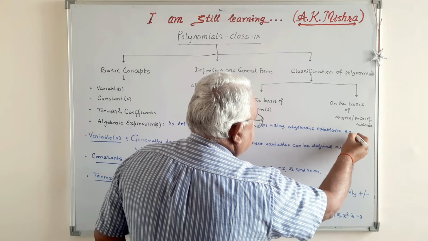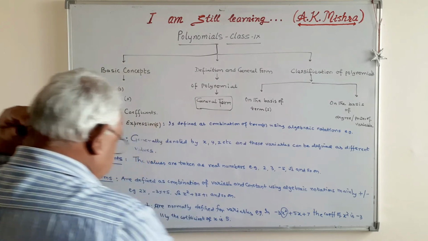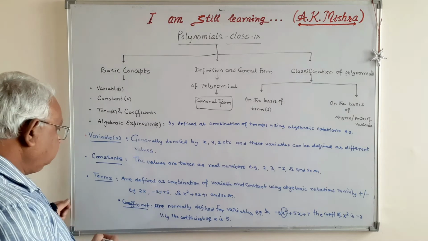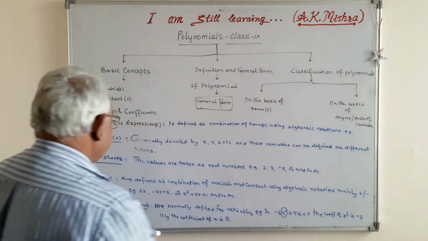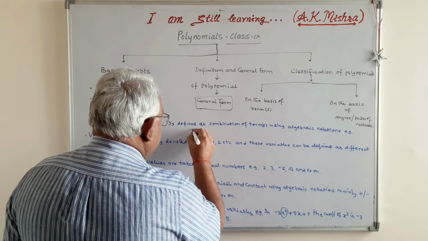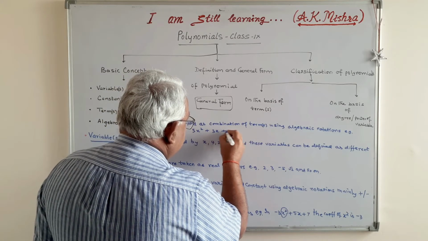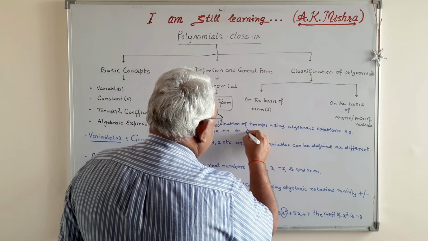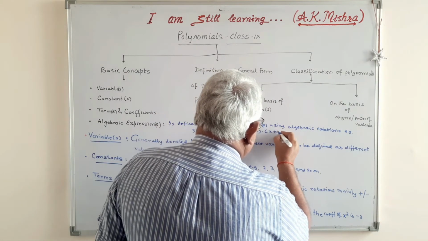For example, 5x squared plus 3x plus 7, or x minus 2 into x plus 3.